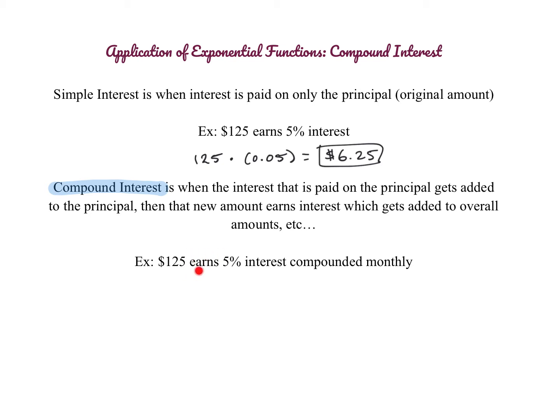So just to kind of visualize what's happening here, let's say you have $125, that same thing, but it earns 5% interest compounded monthly. So each month, what's going to happen is your bank is going to pay you interest. So that first month, same thing, the interest that you earn is $6.25.